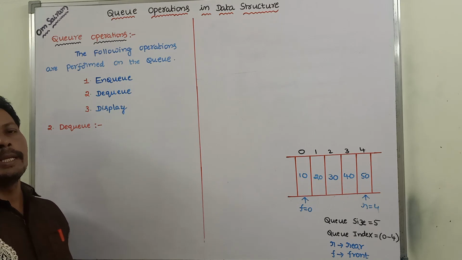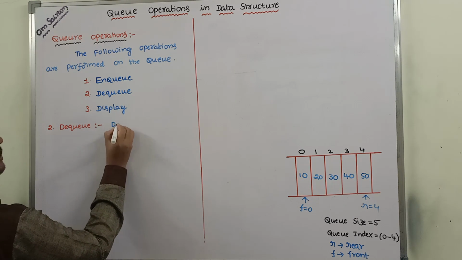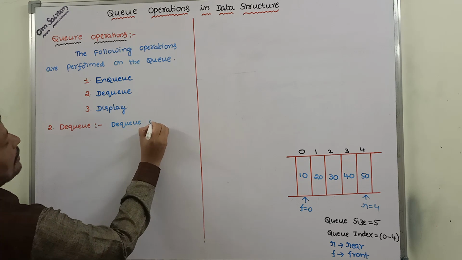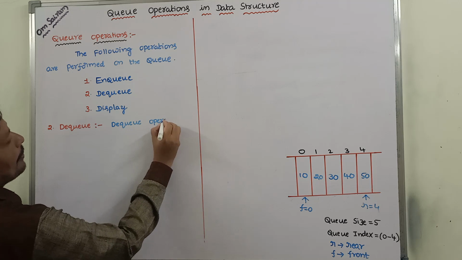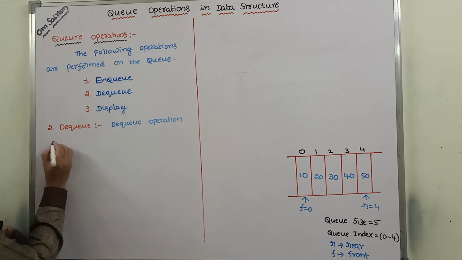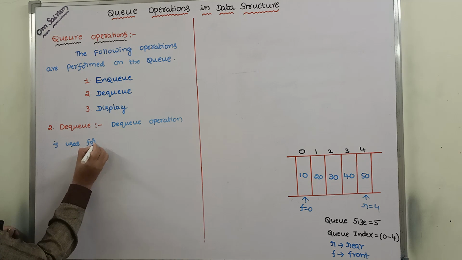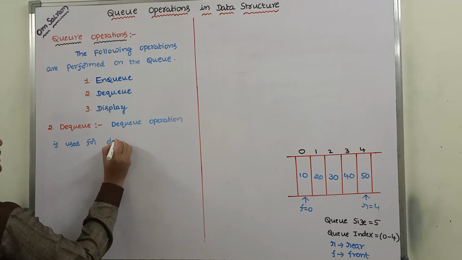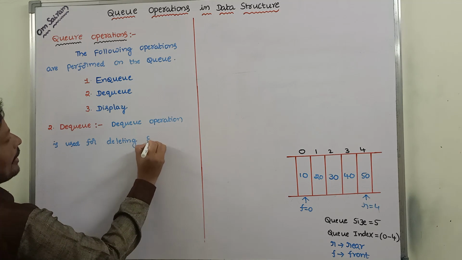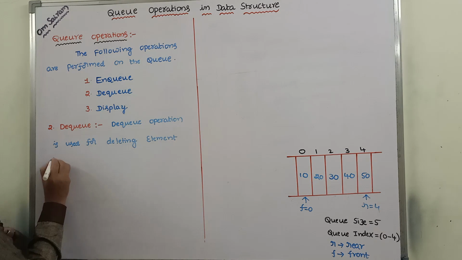Next one, dequeue operation. So the dequeue operation is used for deleting an element from the queue.